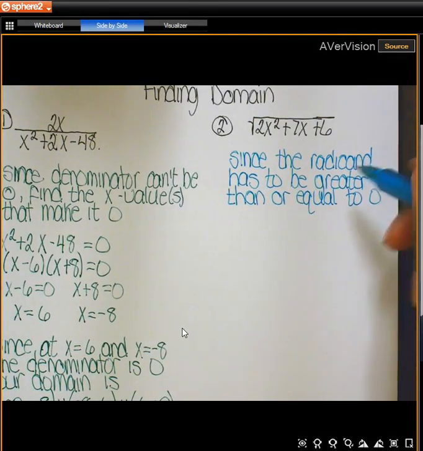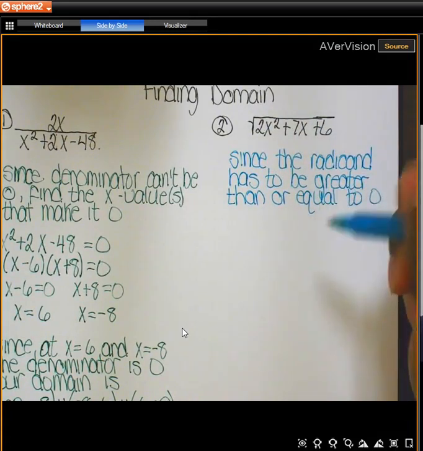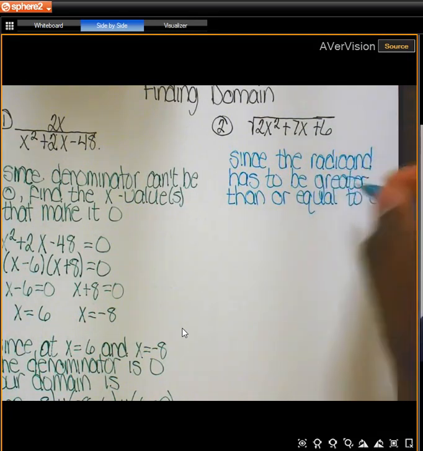So since the radicand, the whatever's under the radical, has to be greater than or equal to 0 to find the domain, that's exactly what we do. We set it greater than or equal to 0.